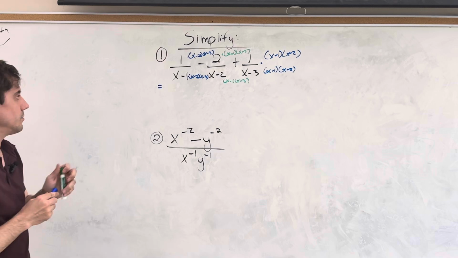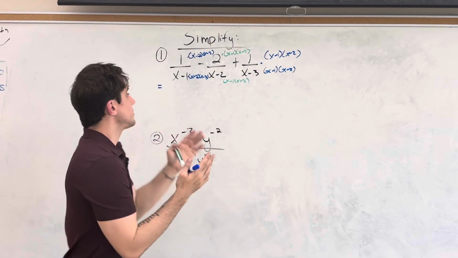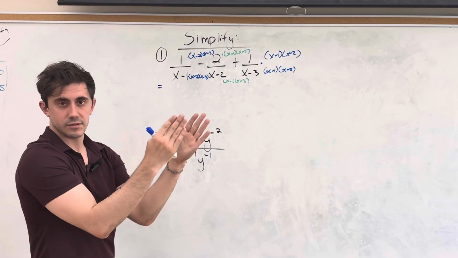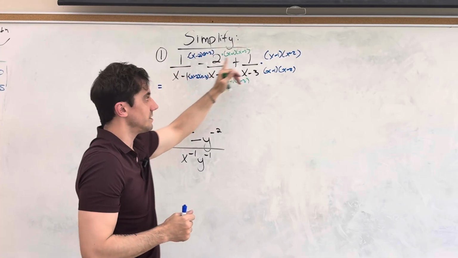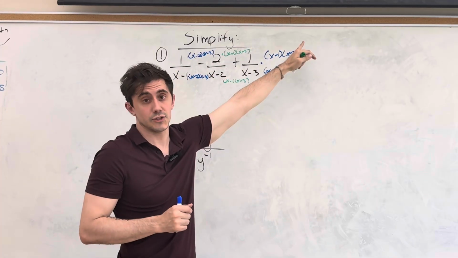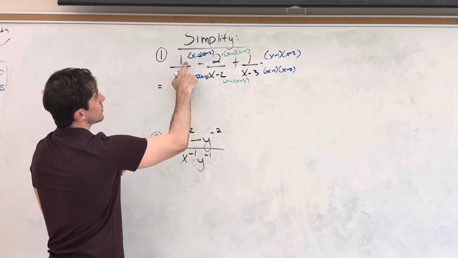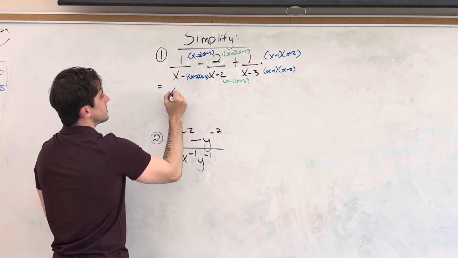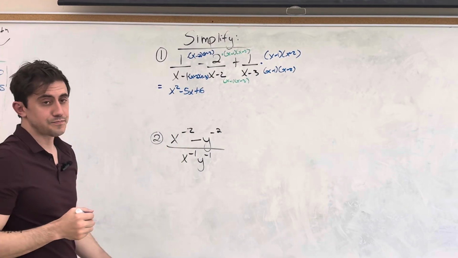So now we are going to have a common denominator for all three terms, which means we can bunch up all the numerators into one fraction, into one term, right? But we're going to have to multiply through and simplify everything in those numerators. So from the first one, 1 times x minus 2 times x minus 3 gives us x squared minus 5x plus 6, right?